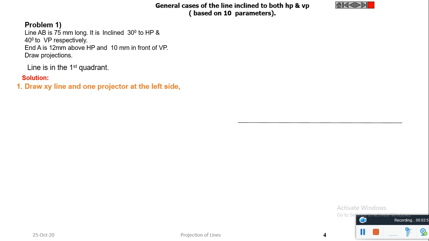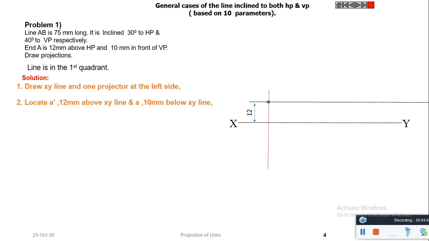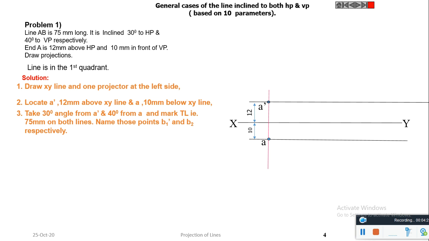The solution. Draw the XY line first. Then draw one projector. Locate A dash, which is 12 mm above XY line, and A, which is 10 mm below XY line. Locate points A dash and A, and its projectors, its locus are marked as two thin lines.